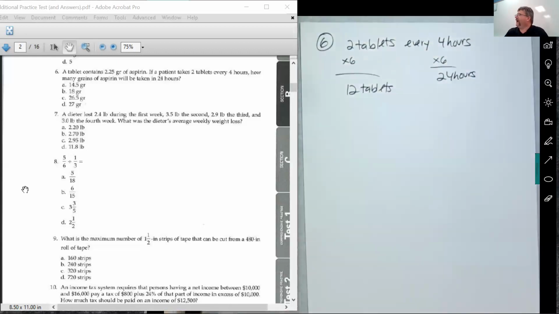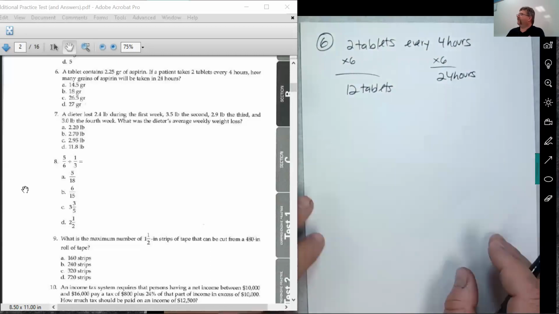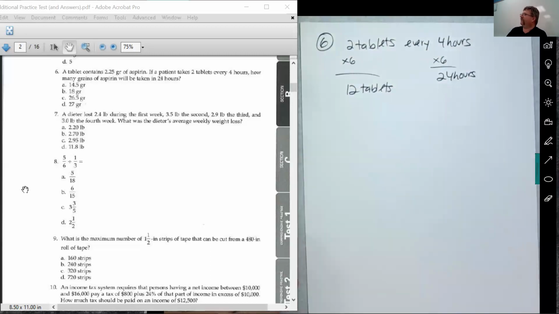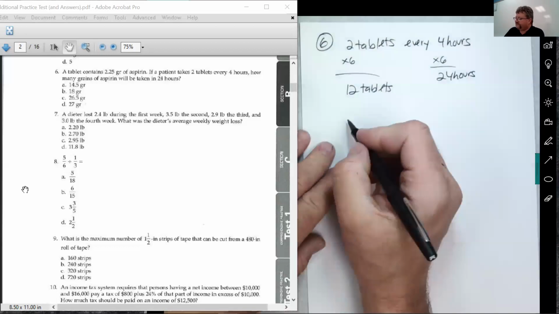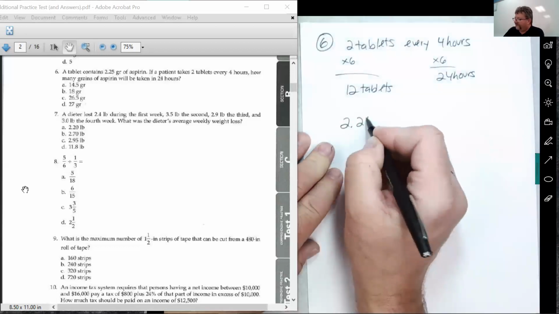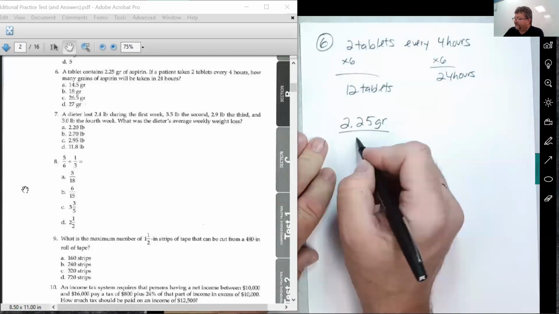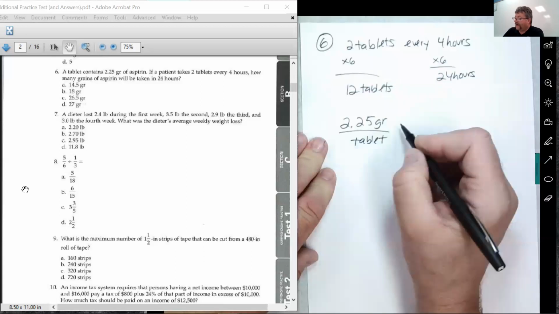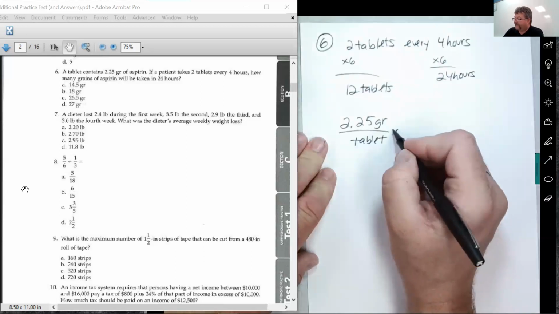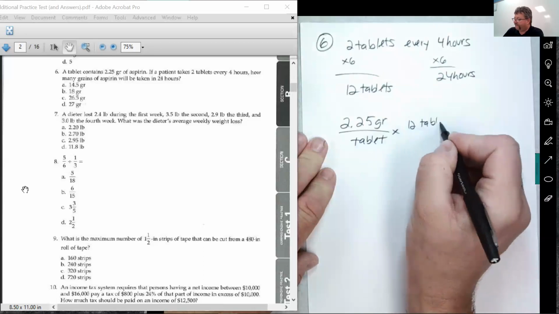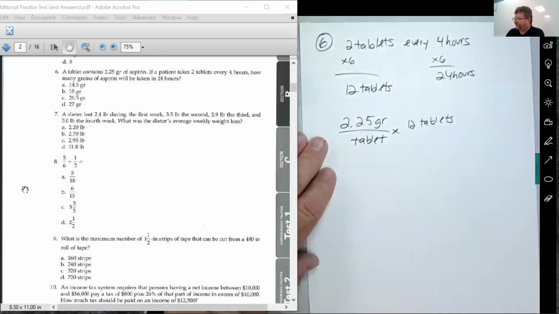Now the question says how many grains, or I don't know if that's grains or grams, but it's probably grains, but whatever. How many of whatever that unit stands for are in here? There's 2.25 grains per tablet, and I've just figured out there are 12 tablets taken in this 24-hour period.